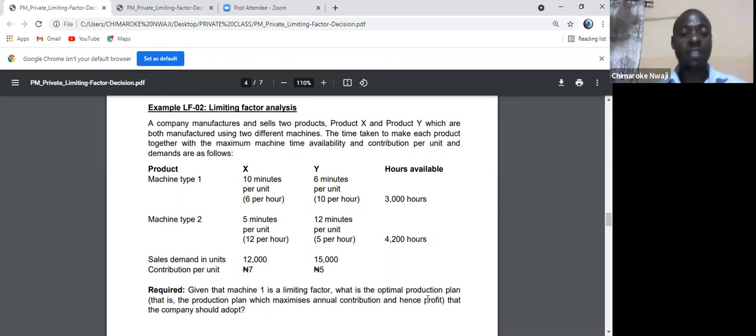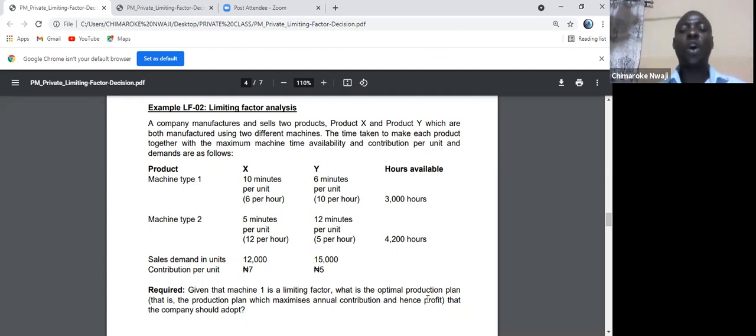Look at the requirement. Given that machine 1 is the limiting factor, in question 1, we didn't know the limiting factor. We found it ourselves. That was one way the examiner could set the question for you to find the limiting factor. That will be the first part, and then solve the second part. But here in this second question, the limiting factor has been told us. Machine 1 is the limiting factor.